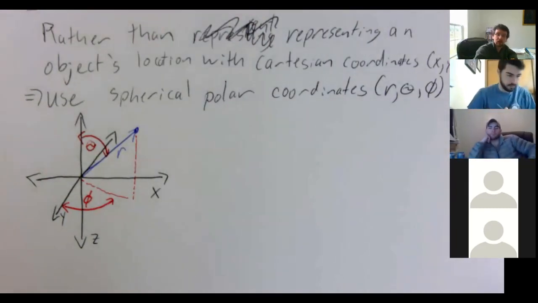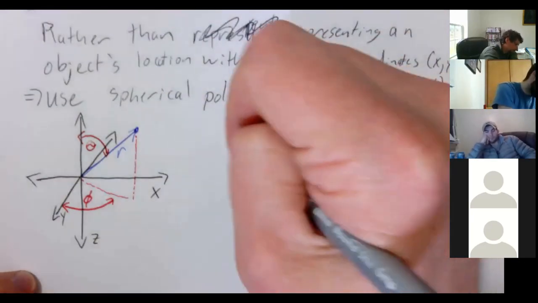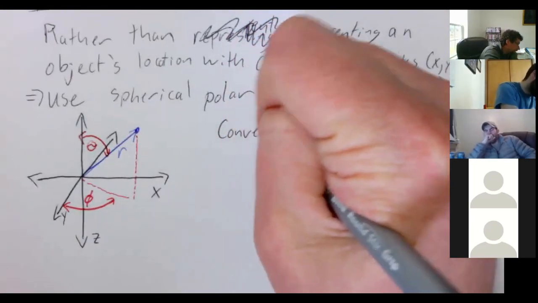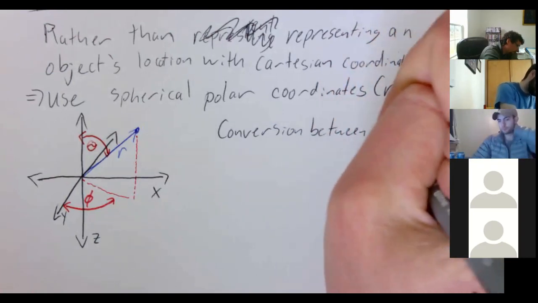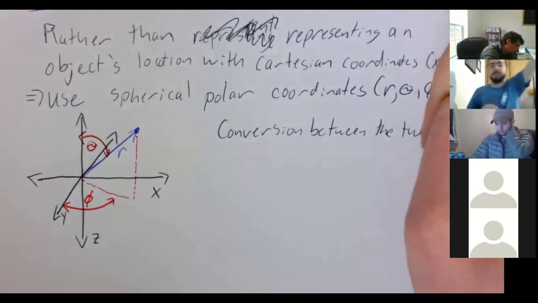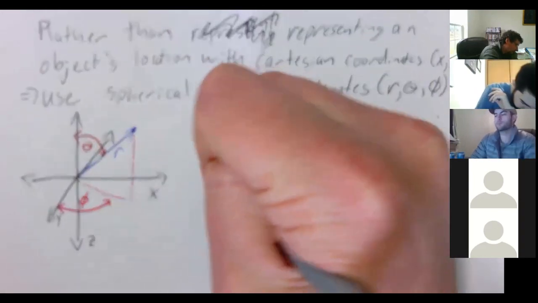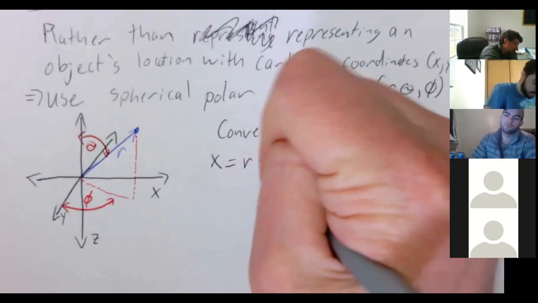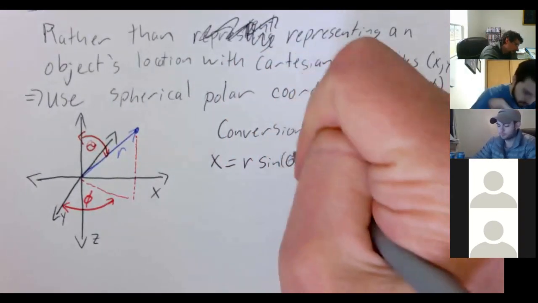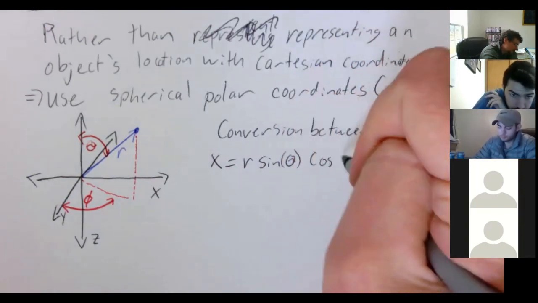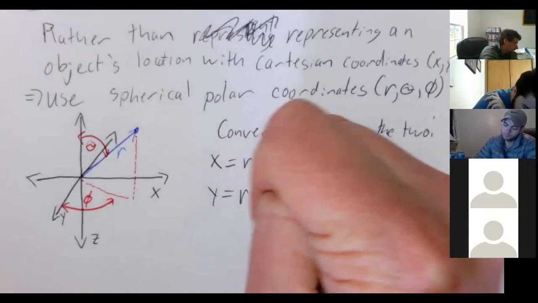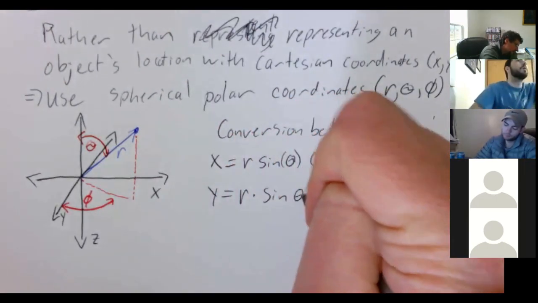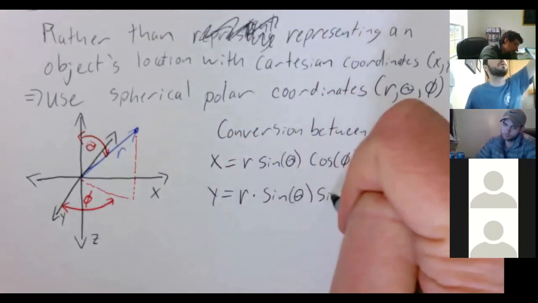Okay. So there's a conversion between the two. x is equal to r sine theta cosine phi. y is r times sine theta again, sine phi.